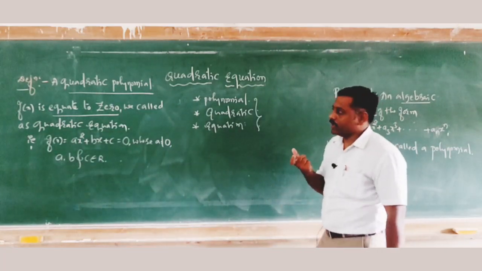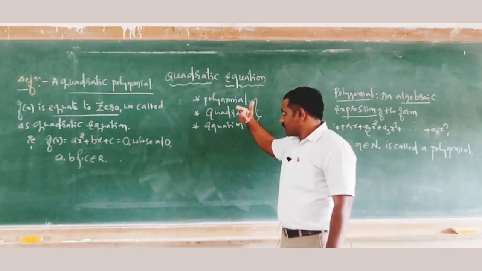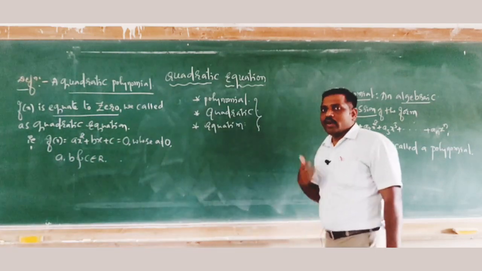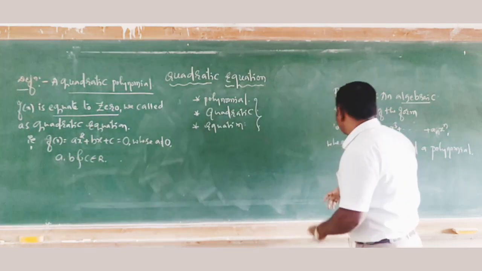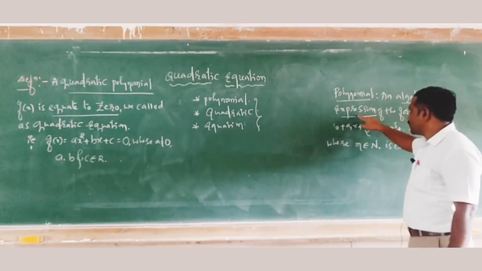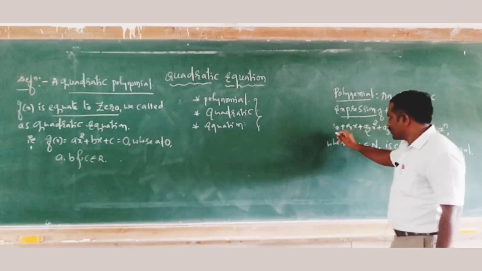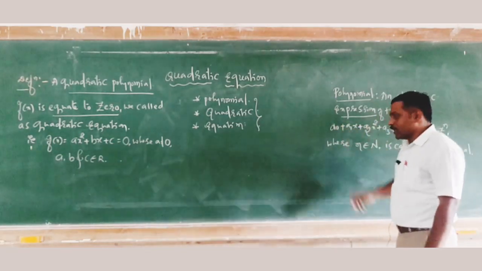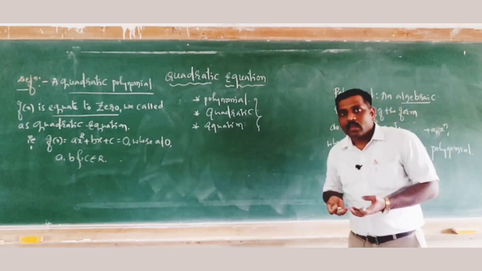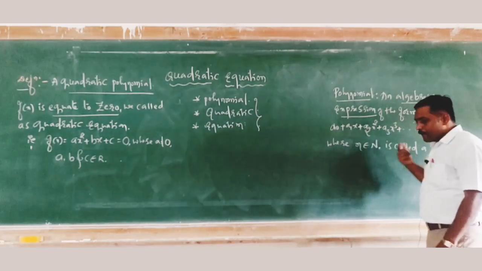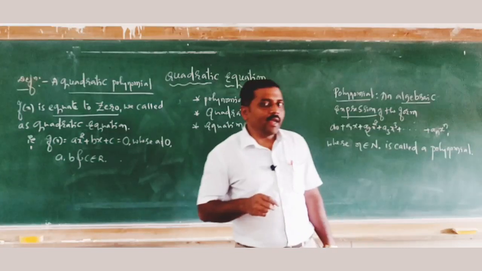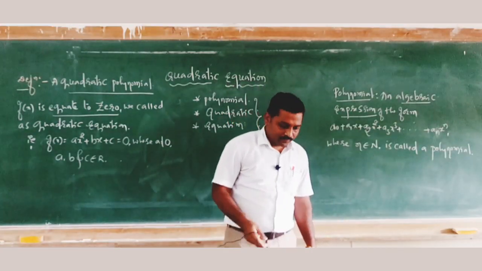This is a general statement of the polynomial, but the actual definition of polynomial is an algebraic expression of the form a0 plus a1x plus a2x square plus a3x cube plus up to an x raised to n, where n is a natural number.